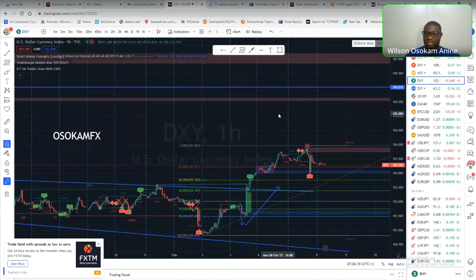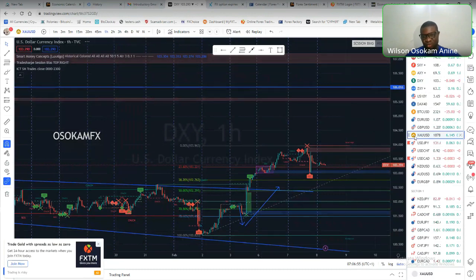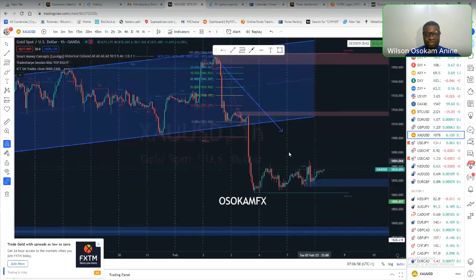Then another important news that came out alongside was that China is raising gold reserves. For those of us who love to trade gold, I think this is good news for gold. So if China is increasing its gold reserves, it means gold will be a good buy. Luckily the dollar is also weak, so I might want to continue my buy on gold. We already agreed that gold was going to do a retracement.